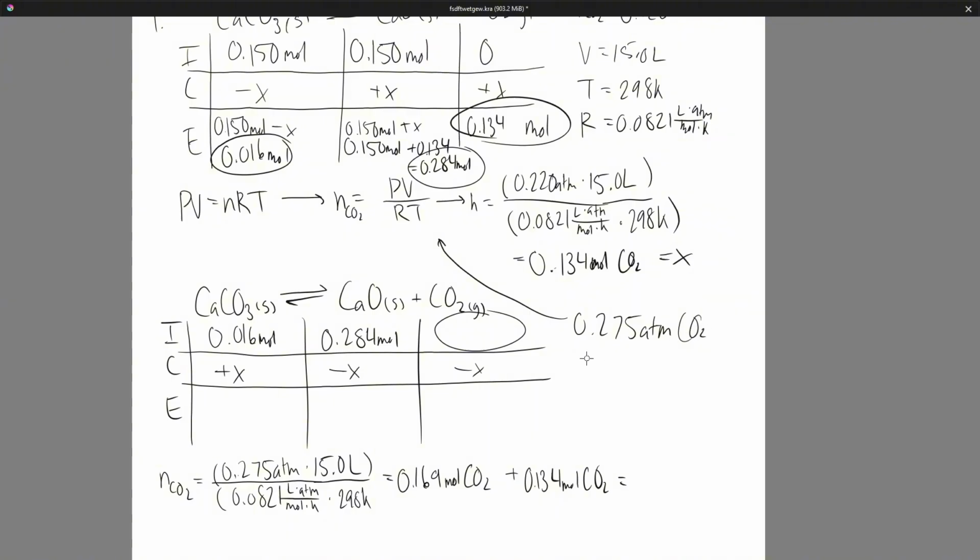So they just add together to create a big old sum, which is 0.303 moles. And now we're just gonna go ahead and subtract and add our x value, which is just 0.134.